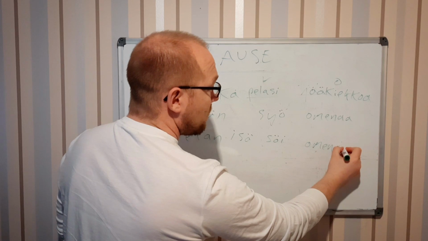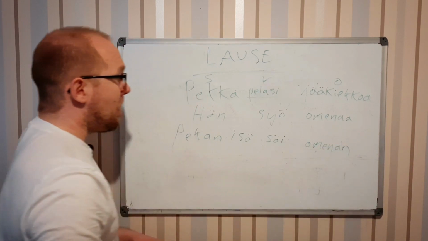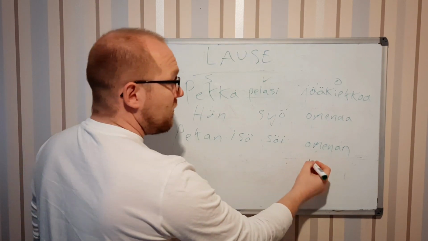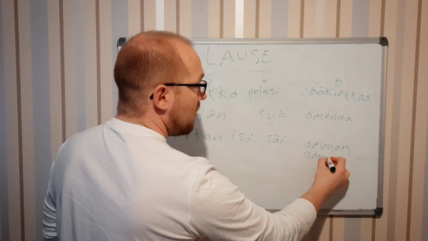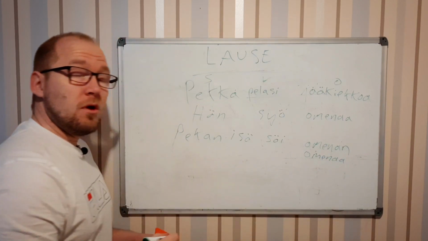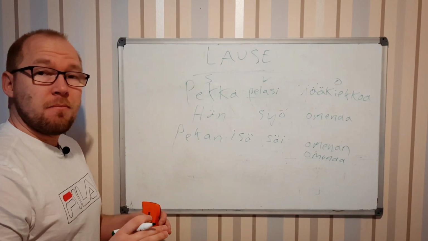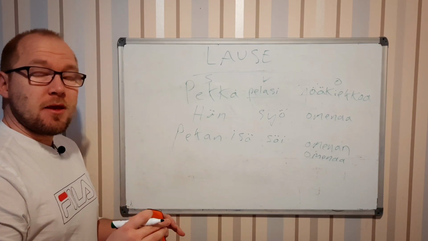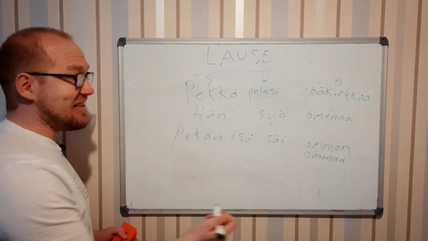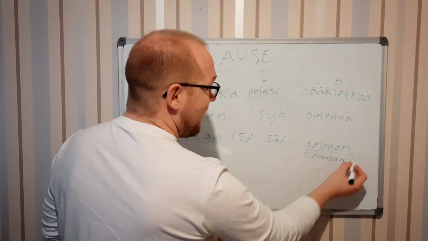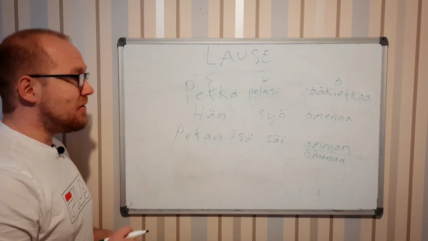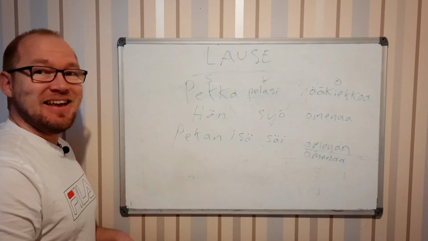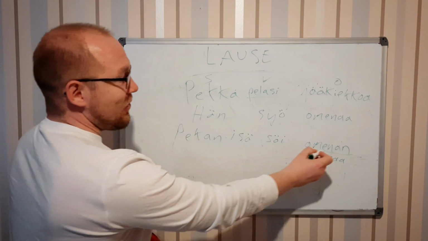We have to conjugate this, of course. Omenan. Pekan isä söi omenan. One apple. But what if Pekan isä söi omenaa? So we don't know what happened after. We saw Pekan isä eating apple, but perhaps Pekan isä didn't finish eating it. But when we say omenan, we understand, okay, there is no omena left. Perhaps there is an omena still in the fridge. Okay. Pekan isä söi omenan.